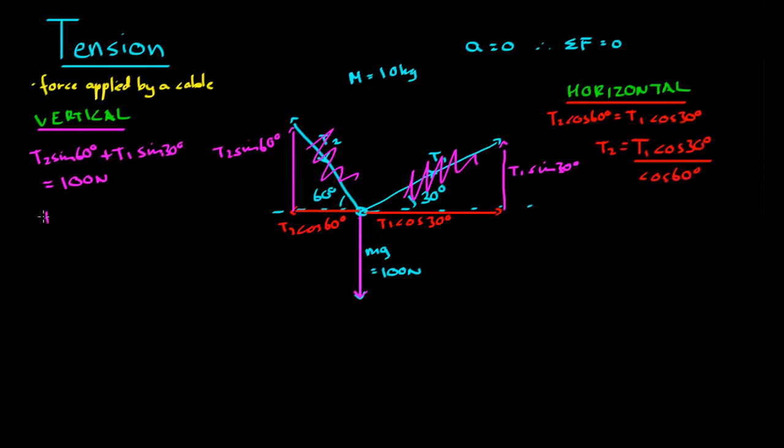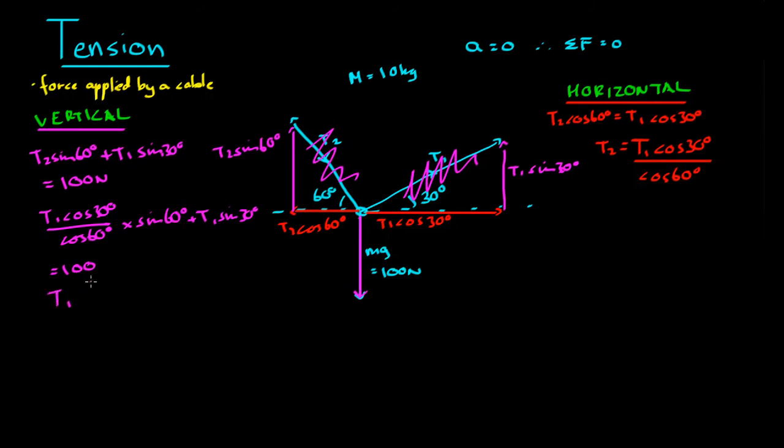So we have T1 cos 30 degrees over cos 60 degrees multiplied by sine 60 degrees plus T1 sine 30 degrees equals 100.